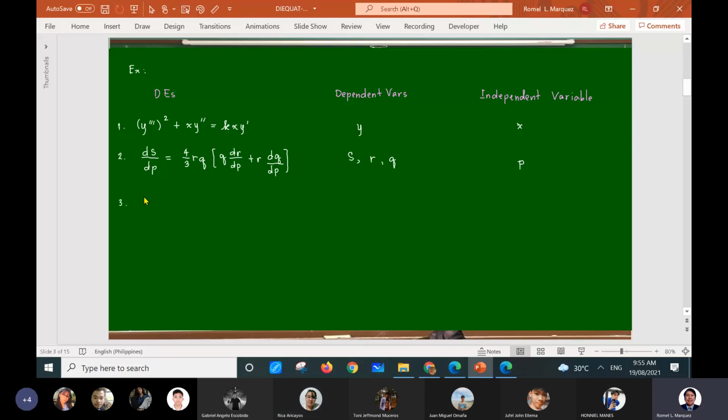Next, what about number 3? What if I have second partial derivative of beta with respect to, let's say, big T, then with respect to big P. And this is equal to negative K times second partial derivative of kappa twice with respect to big T, and then plus second partial derivative of, again, same kappa.